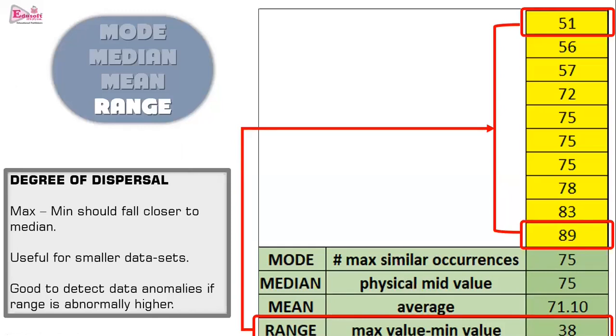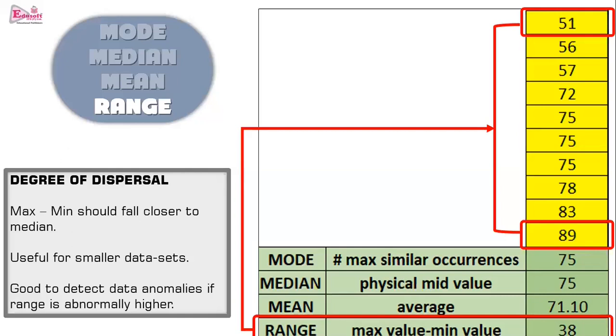Let's understand this with an example. For example, we took a survey of some people in a locality. Looking at the age of the people, I can find out if I take the range of the ages. If the range is pretty high, that means the youngsters were also included in the survey.